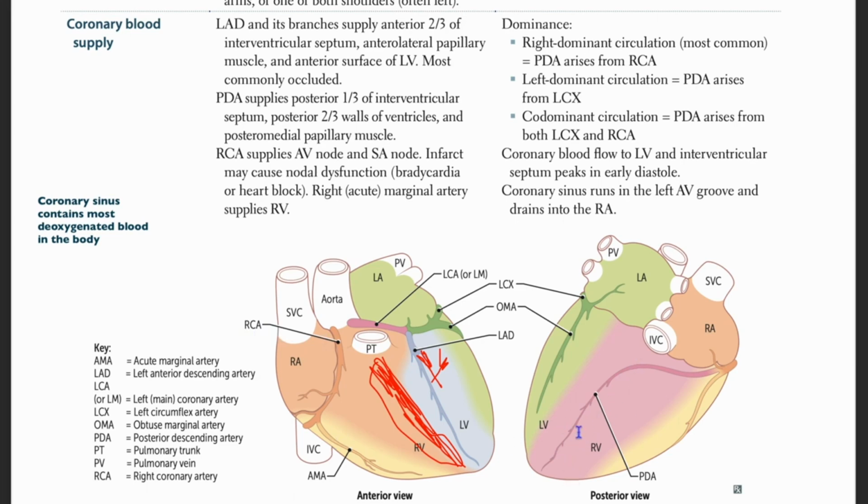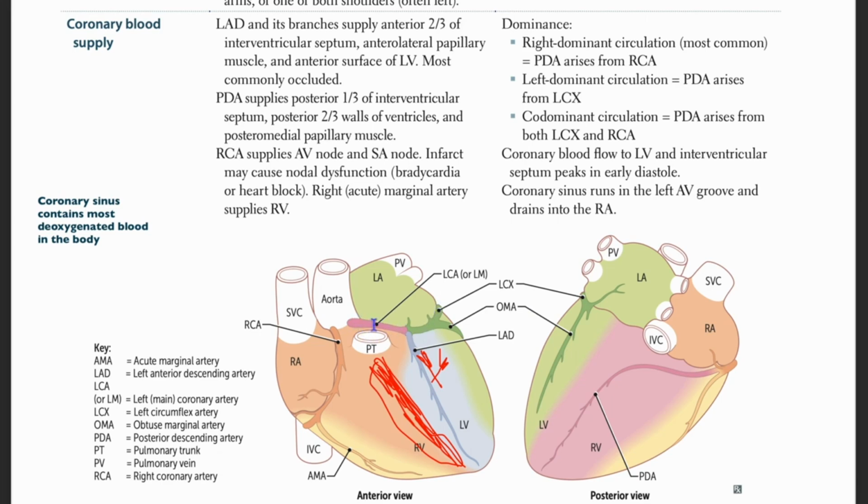It's possible because the PDA here is getting supplied by the left dominant circulation or the left circumflex artery. So LCX is the circumflex artery, so that's this one right here, the green, and that comes from, if you flip this over, it's right here. So LCX is coming from the left coronary artery, right?